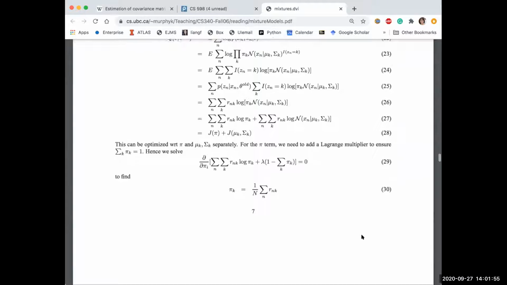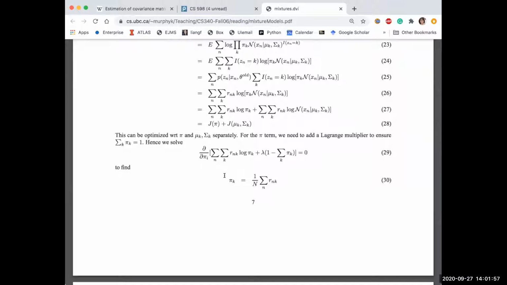So basically he's talking about the K, there could be more than 2 components. So the R here is basically the p, I should have used R. So this is basically the conditional probability for the nth observation in the Kth component.